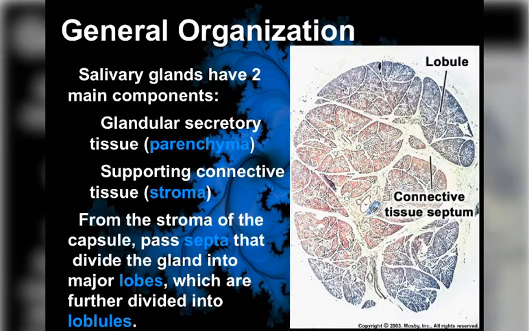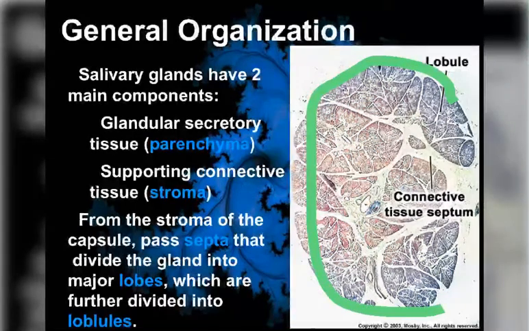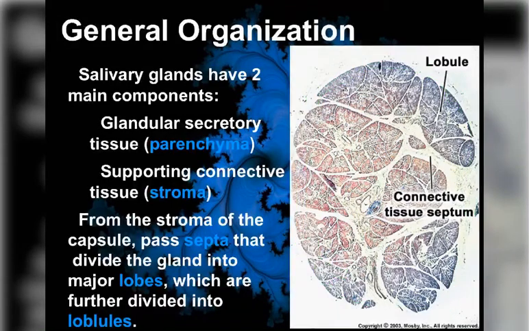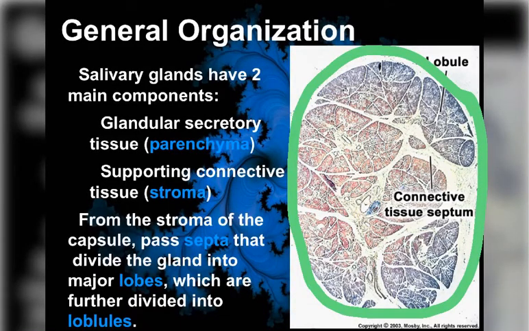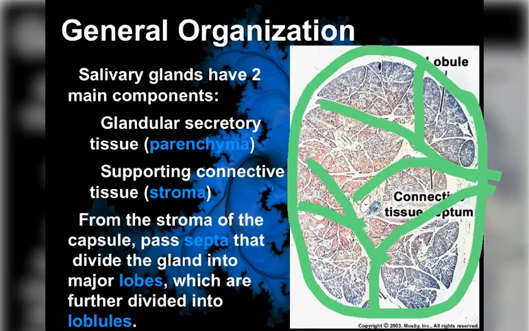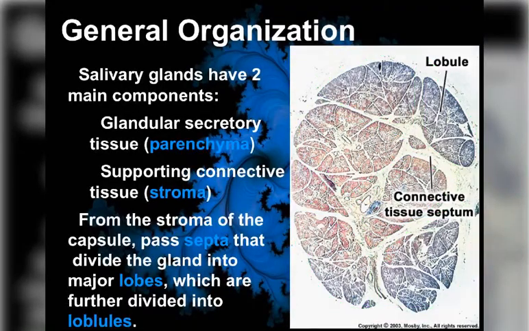The supporting stroma includes a capsule all around the gland, and from the capsule extend septa that divide the gland into lobes.